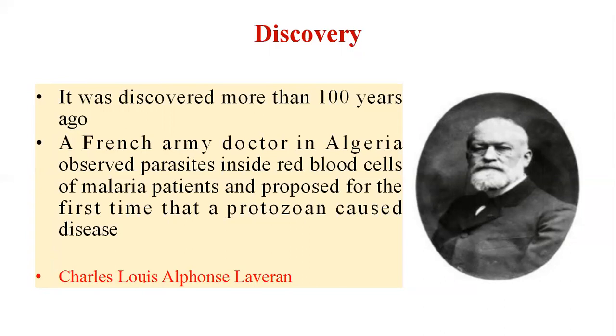Laveran was a French army doctor, posted in Algeria, who observed parasites inside red blood cells of the soldier. Then he isolated the parasite from the blood smear of the infected individuals and proposed for the first time that this is a protozoan caused disease.